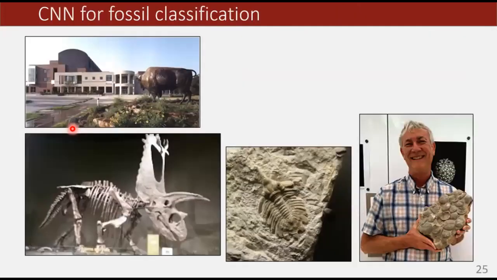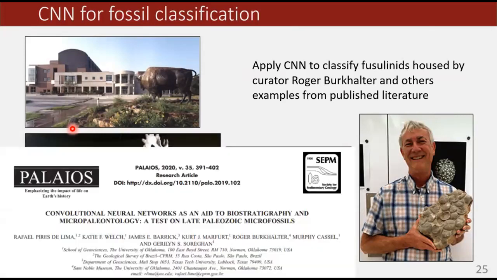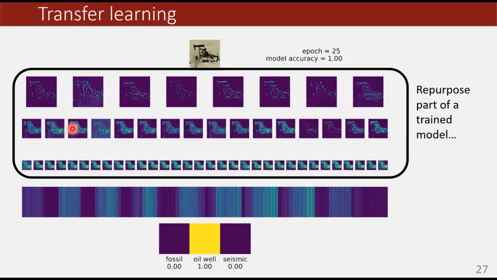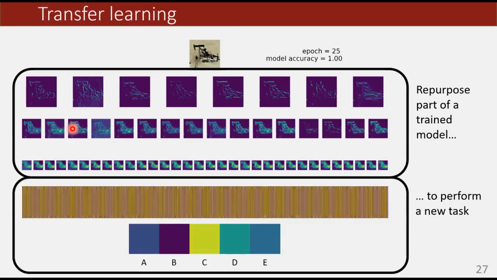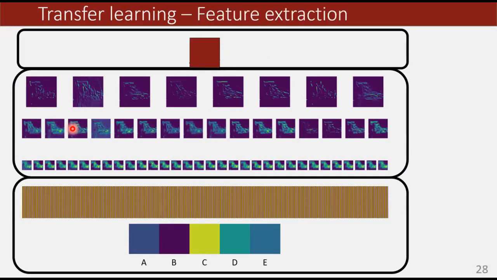The other example that I have is actually how I started into this, which was to use CNN for fossil classification. And in this case here, I want to remind you a little bit of transfer learning. So a few slides ago, I said that transfer learning is a technique in which we repurpose part of a trained model to perform a new task that depends on new data. There are different ways of doing that. One way I'm calling here feature extraction.